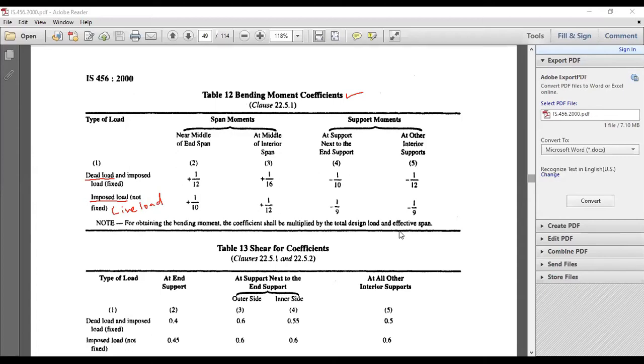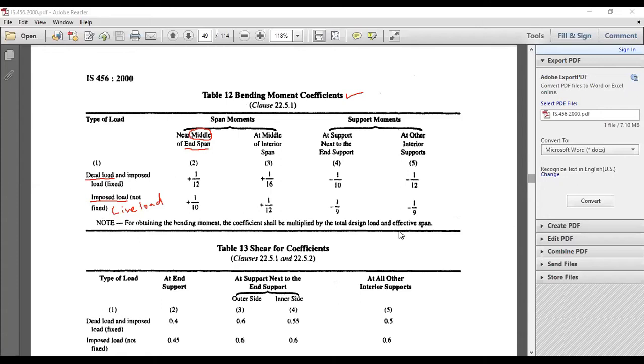Now we will move to the next point. The coefficients are given over here. Near the middle of the end span, first it talks about the end span. Middle of the end span means the center of the end span.